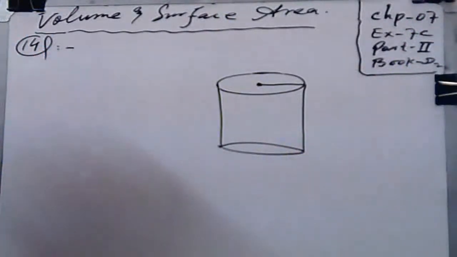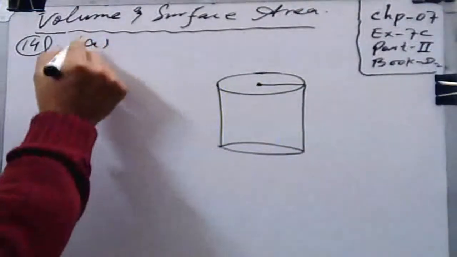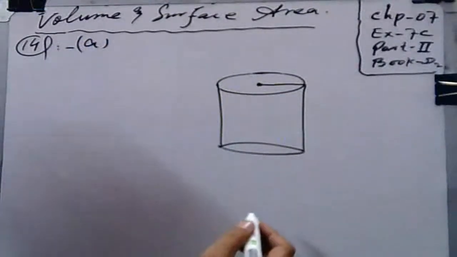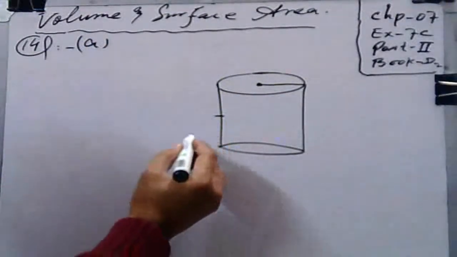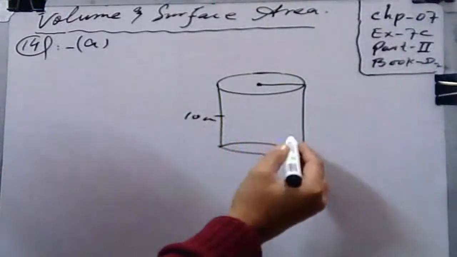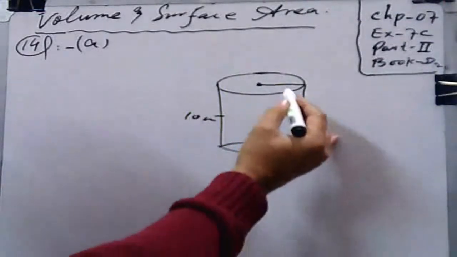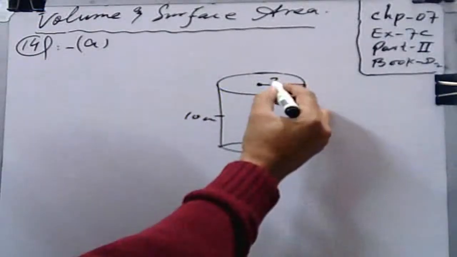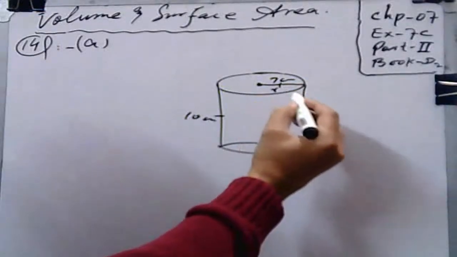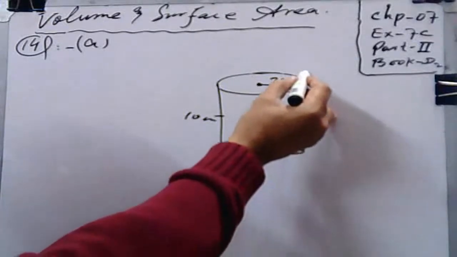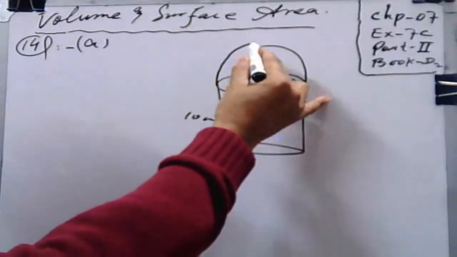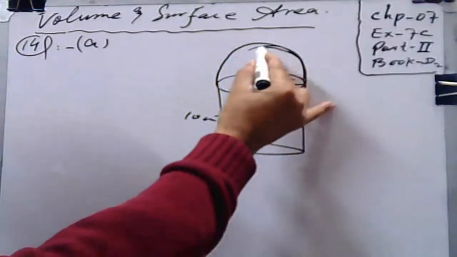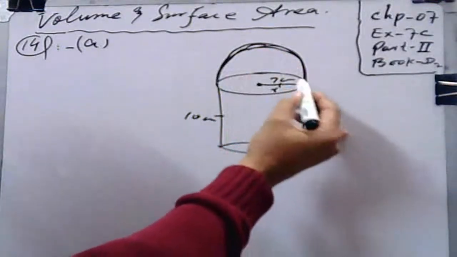Find the volume and surface area of the following solids. Take pi to be 3.142. The given figure in part A is like this. You can see the height is 10 centimeter and the radius R is 7 centimeter, and the figure is a hemisphere upon a cylinder.